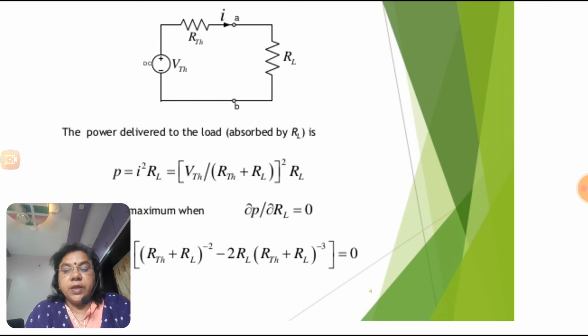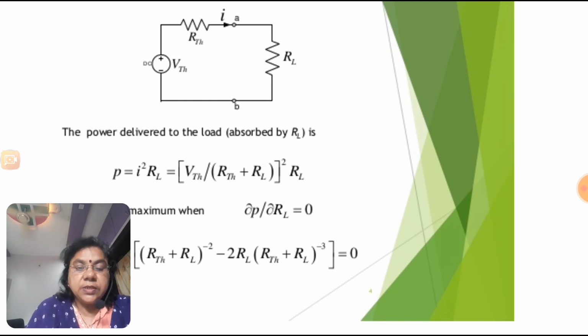Now the internal resistance RTH of a voltage source is constant. It doesn't change. Thus the power delivered by the source will depend on the load value RL only. When the maximum power is transferred, it will depend upon the RL value. Hence, the derivative of the power with respect to RL will be 0 for maximum power transfer.